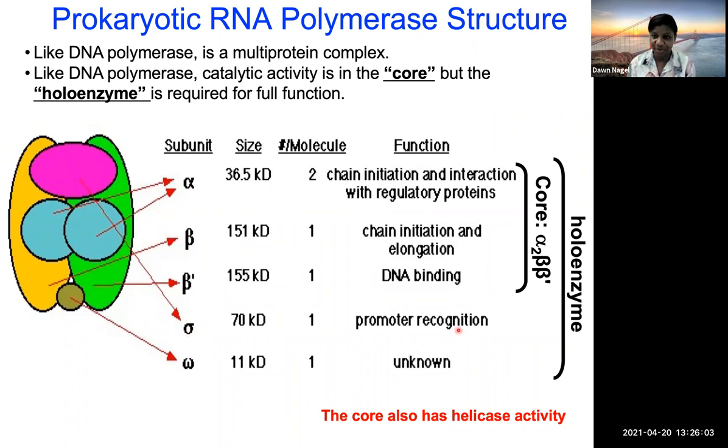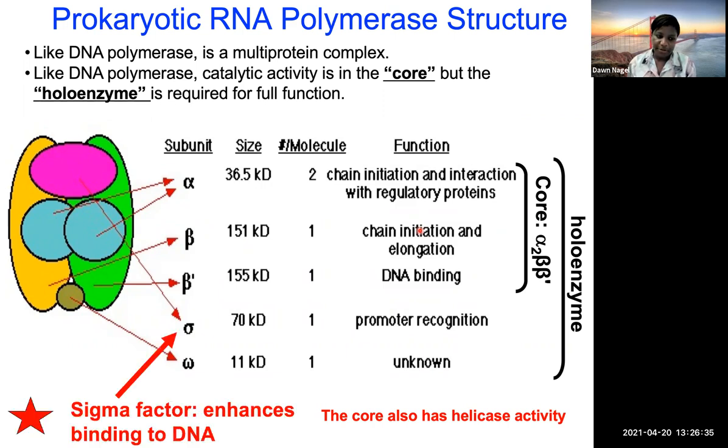You need to recognize the promoter so you know where that polymerase is going. And then there's also this omega subunit, whose function is really unknown, so we're not going to talk about this for the remainder of the lecture. The core also contains helicase activity, as you'll see, because you need to somehow unwind the double-stranded DNA to be able to start synthesizing that RNA, okay?